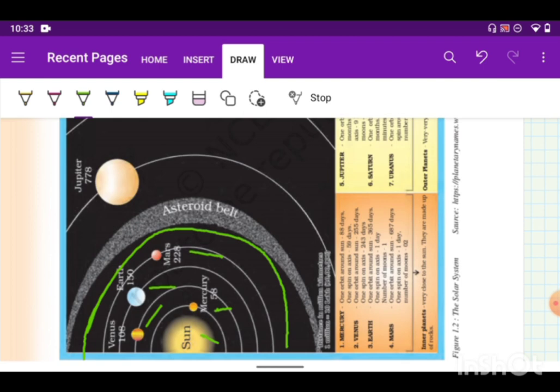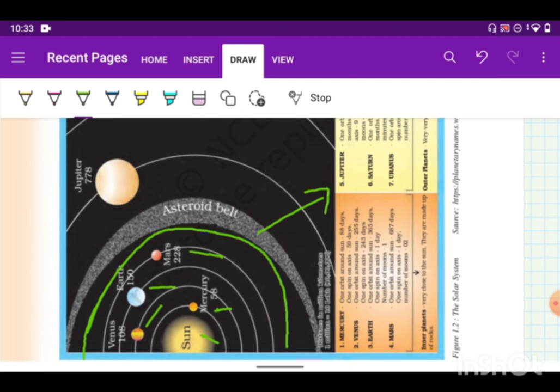And after that, you are seeing the asteroid belt. Asteroids are rock. The asteroid belt is a composition of rocks of all the planets.